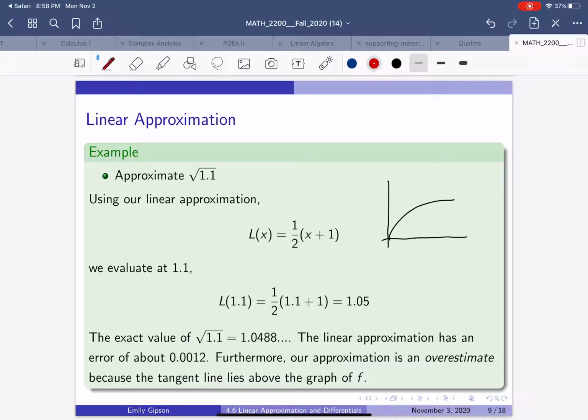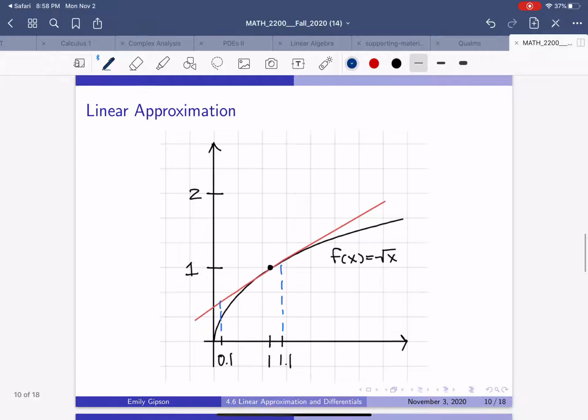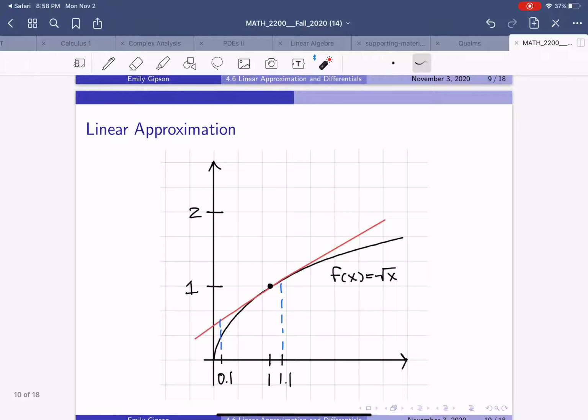So a tangent line is going to look like this, and we've got this space above it. And I think I actually have a picture. So at 1.1, the tangent to f of x equals the square root of x is going to be above the function f of x equals square root of x.